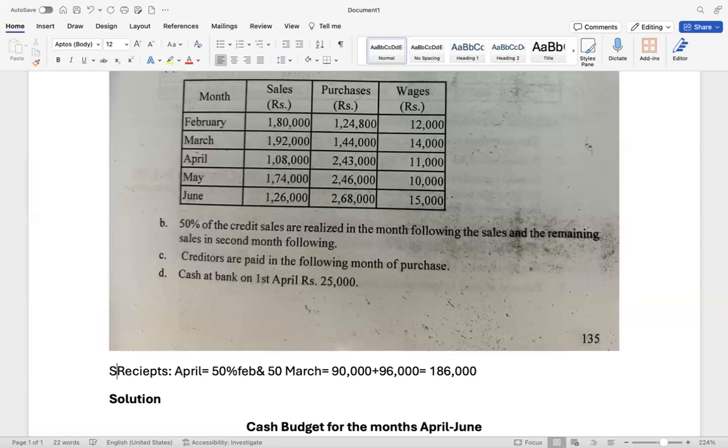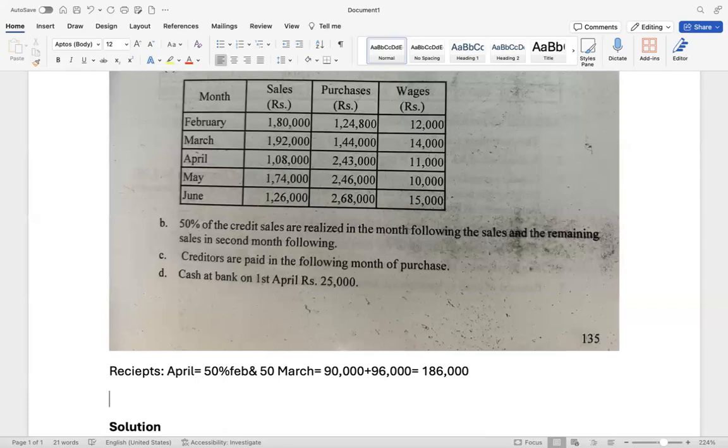Receipts, let's say simply receipts for the month of April, right? And then we will also say May. May also same way. 50% of March plus 50% of April. That is equal to, look at this.